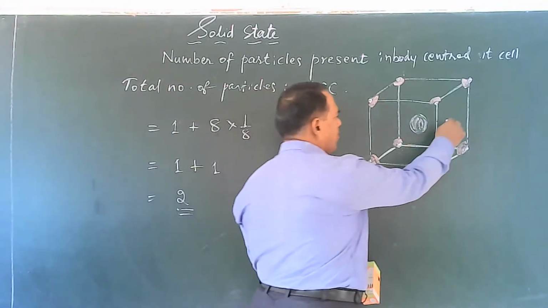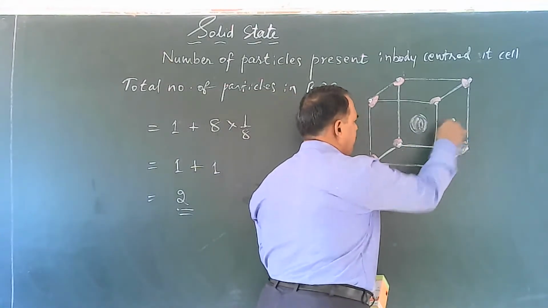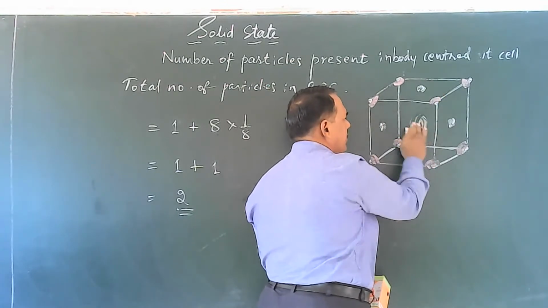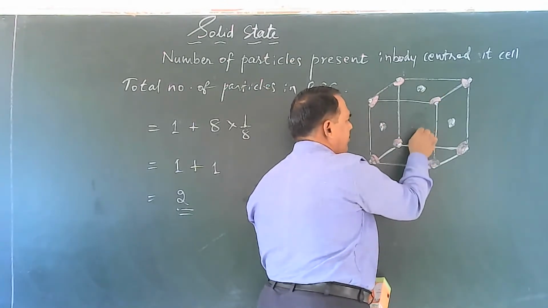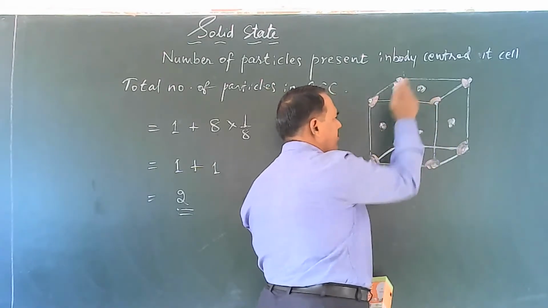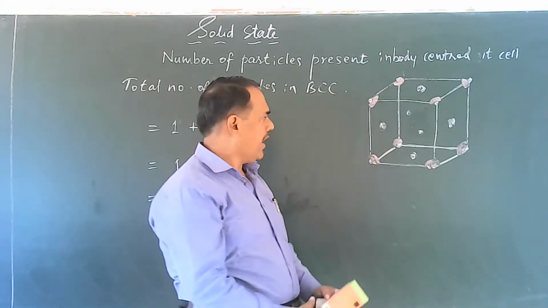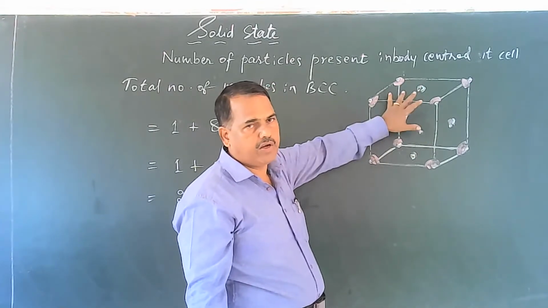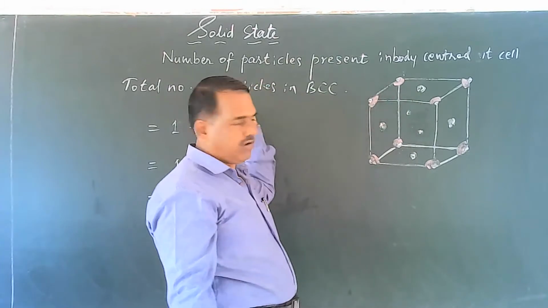This is one contribution phase, and this is another one. You can find 1, 2, 3, 4, 5, 6 phases, and the contribution towards each phase is 1 by 2. Now we can easily calculate.